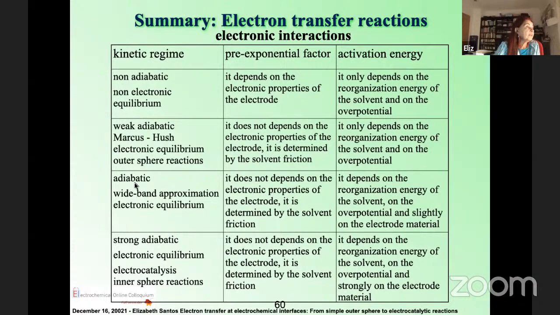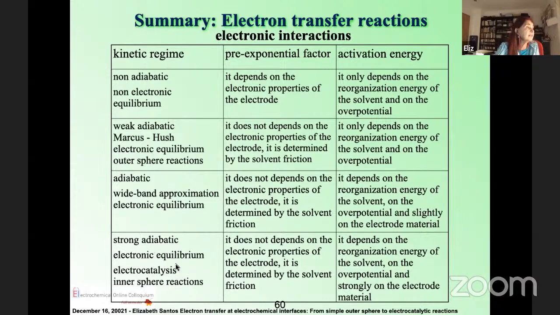In the case when the interaction becomes larger, but not so large that we can use the wide band approximation, we have electronic equilibrium. The pre-exponential factor does not depend on the material, but the activation energy acquires a slight dependence on the material.